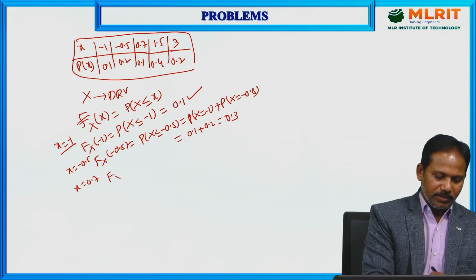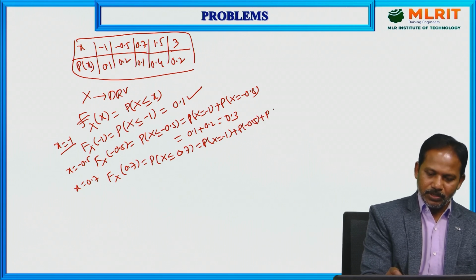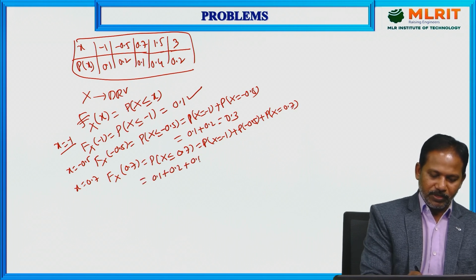Next one, x equal to 0.7. Capital Fx of 0.7 equal to p of x less than or equal to 0.7, which means p of x equal to -1 plus p of x equal to -0.5 plus p of x equal to 0.7. That is 0.1 plus 0.2 plus 0.1, that is 0.4.